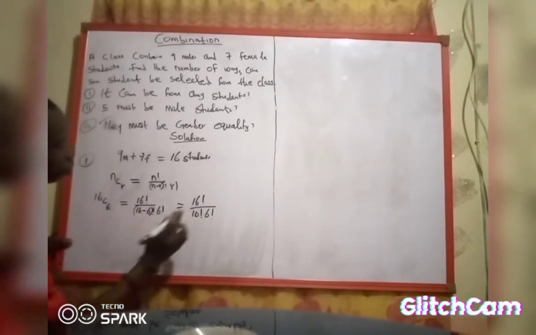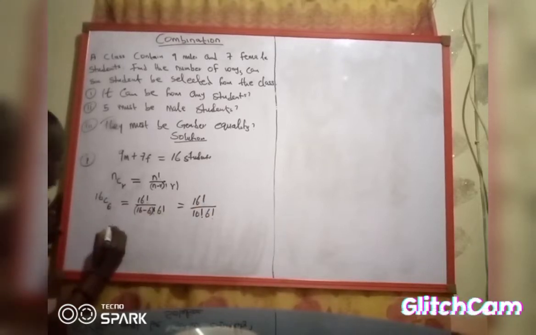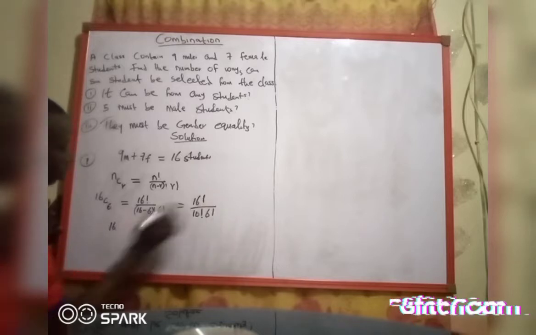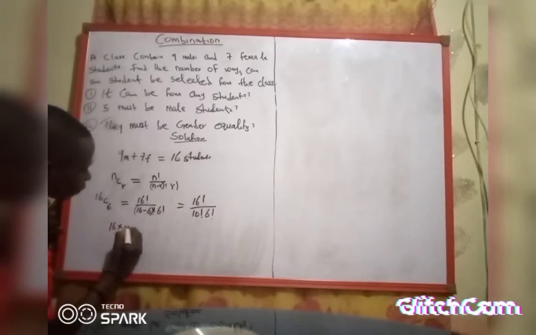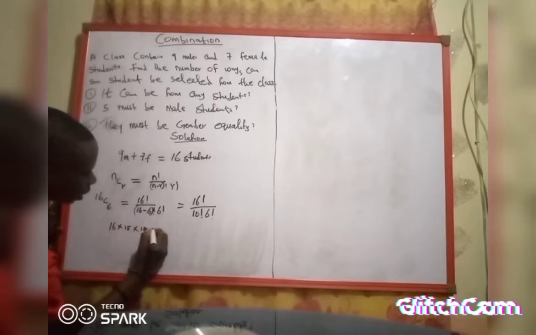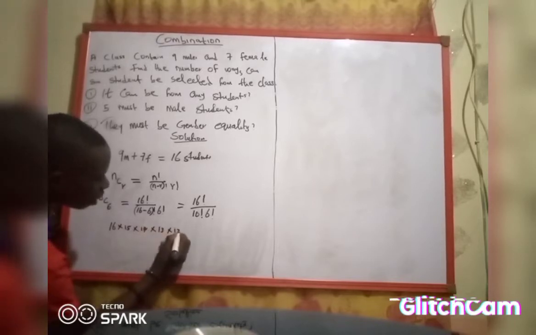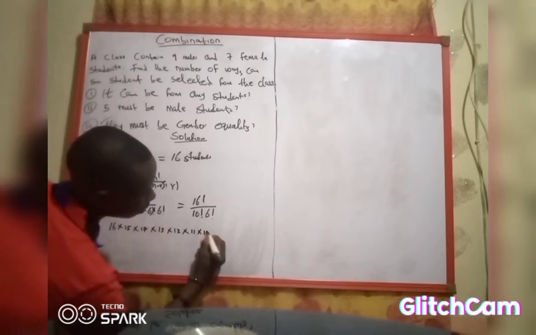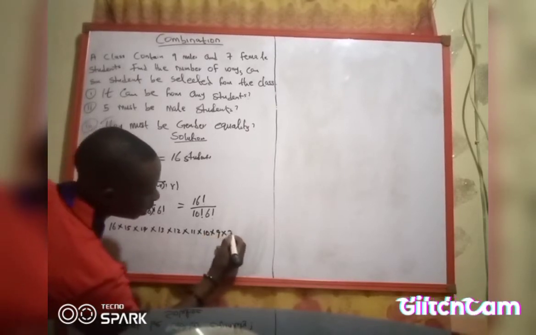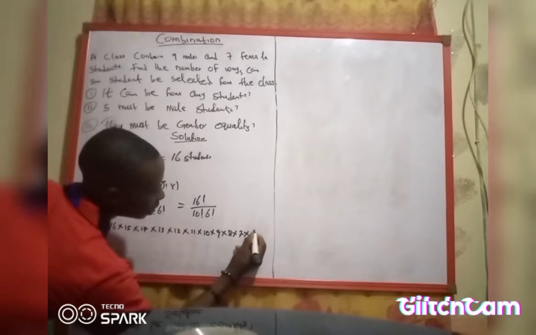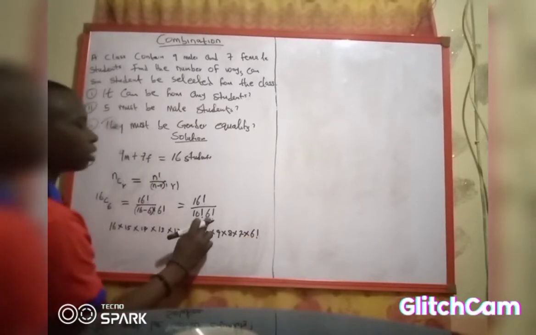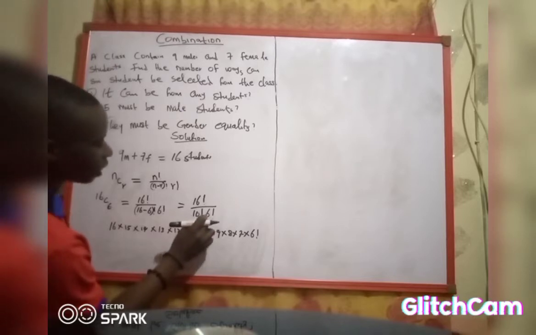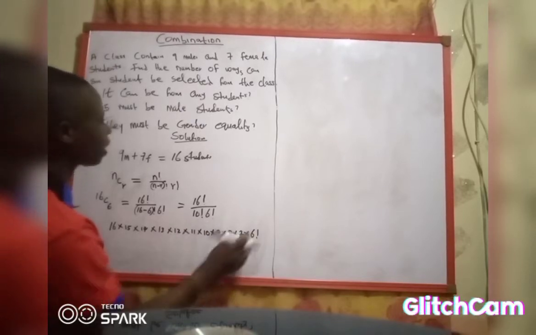which can also be expressed as 16 factorial. This 16 factorial is equal to 16 times 15 times 14 times 13 times 12 times 11 times 10 times 9 times 8 times 7 times 6 factorial. We can stop at 6 because the lowest factorial of the selection here is 6 factorial.